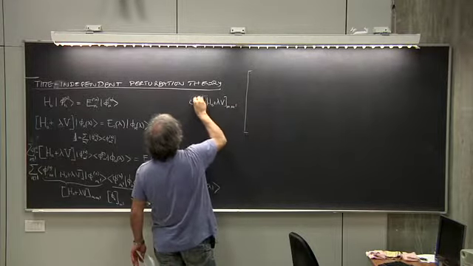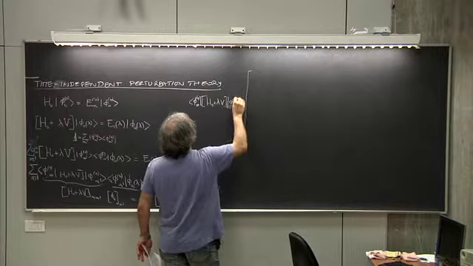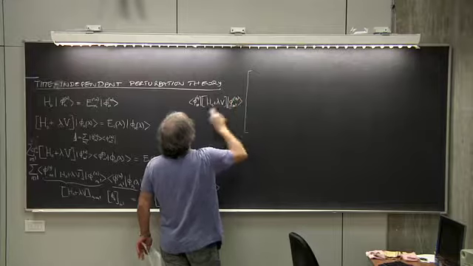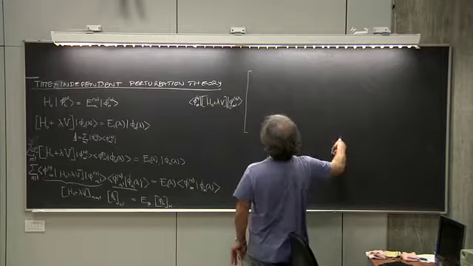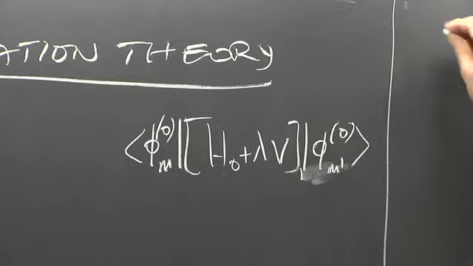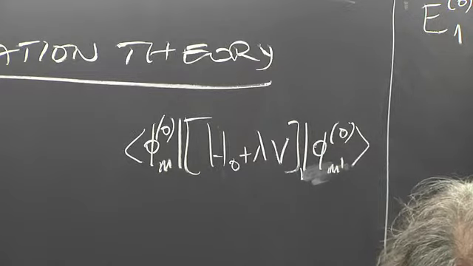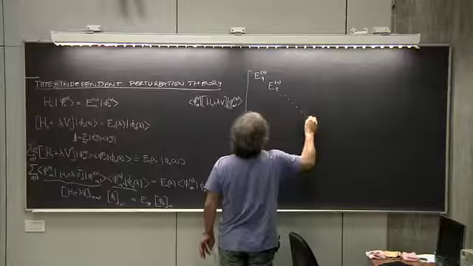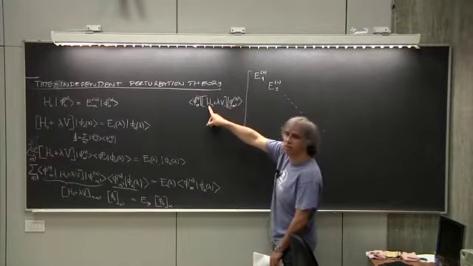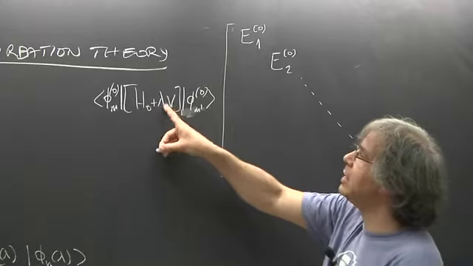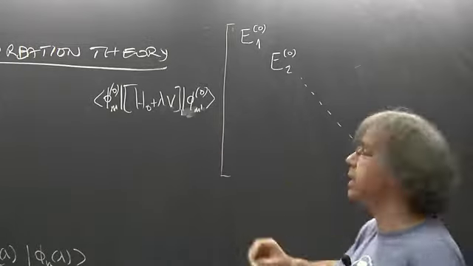So to be definite, this thing. H0 is simple. It's simply diagonal: E0 of the first state, E0 of the second state. It's a diagonal part because these are eigenvectors of H0. But V is in general making the matrix fully non-diagonal.